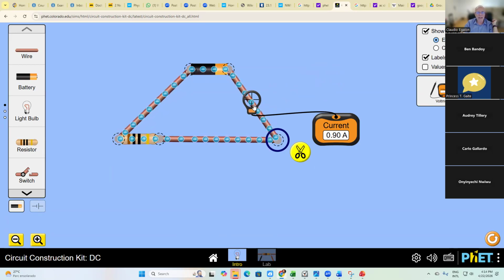It's like a loop. It's a viewing device. That's not how it's exactly done in real life. Unfortunately, they couldn't do a more realistic simulation specifically for the ammeter.